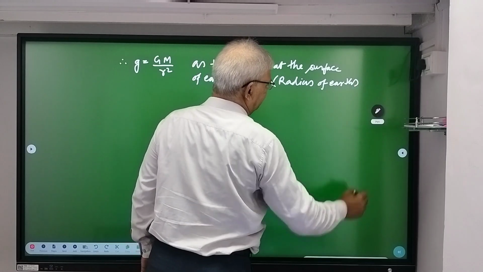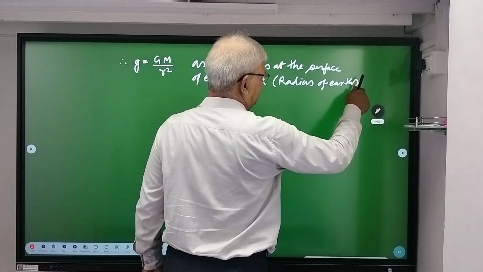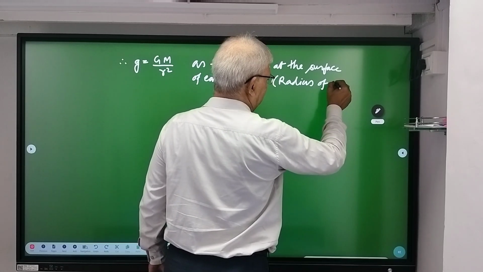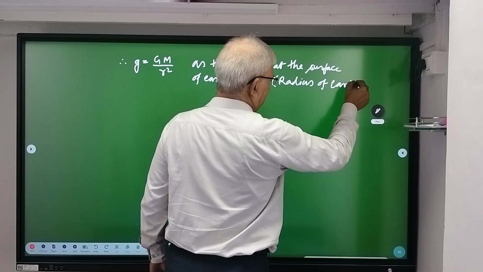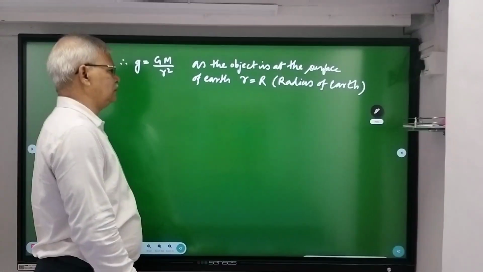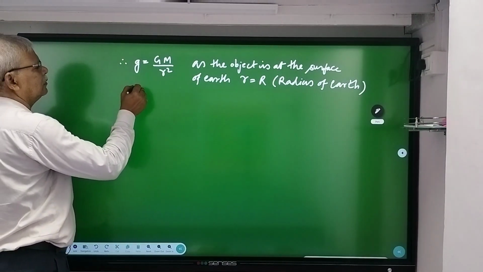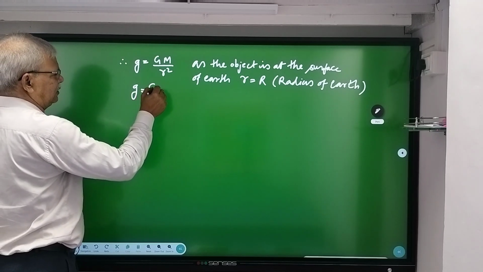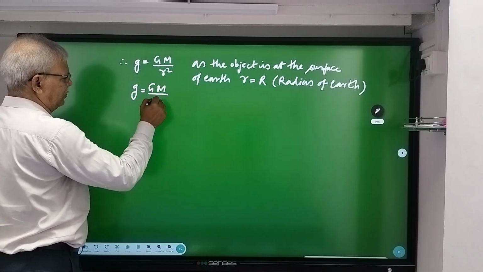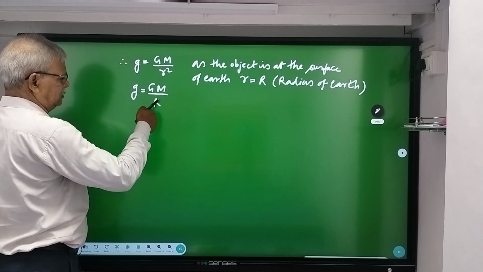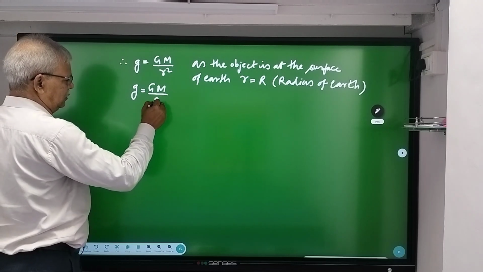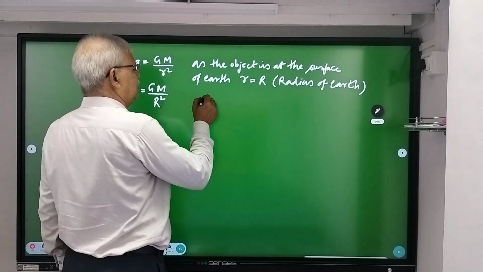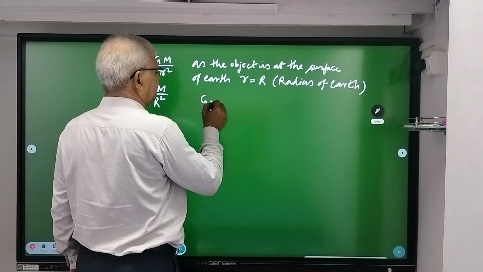Okay, radius of Earth. Now see, we can write here g is equal to capital G capital M upon, instead of small r, capital R square.